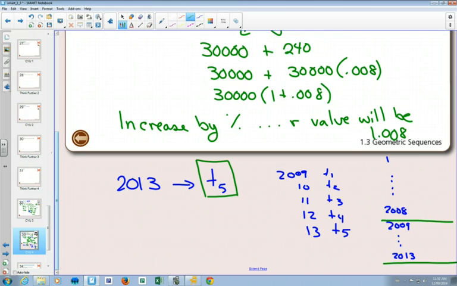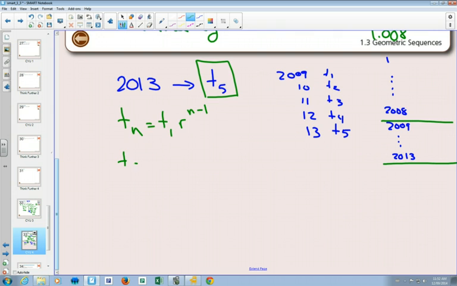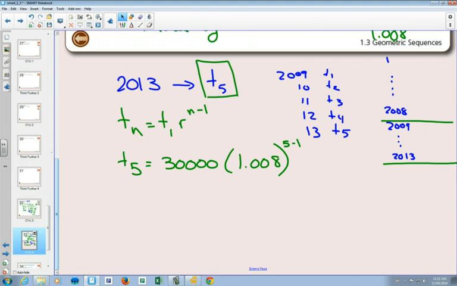Now we can go to our formula, Tn equals T1 r to the n minus 1. We want to find term 5. We know that our first term in 2009 was 30,000. Our r value is 1.008 to the 5 minus 1. Plug this into your calculator all at once.